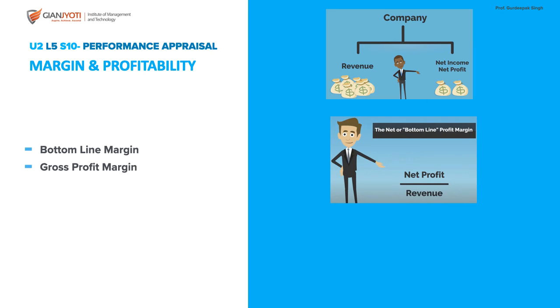The first term is the bottom line margin, or what we call the net profit margin, which is nothing but net profit divided by the revenue. Out of the total revenue that you have generated, how much is the net profit? That gives you an idea of the net profit margin. If we talk of gross profit margin, you take gross profit divided by revenue.